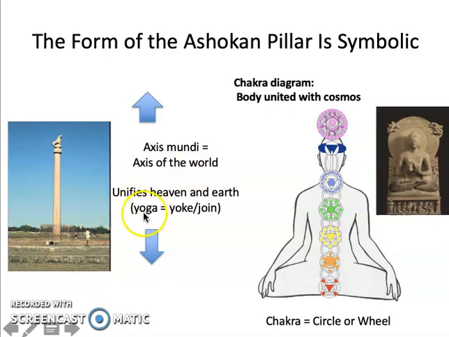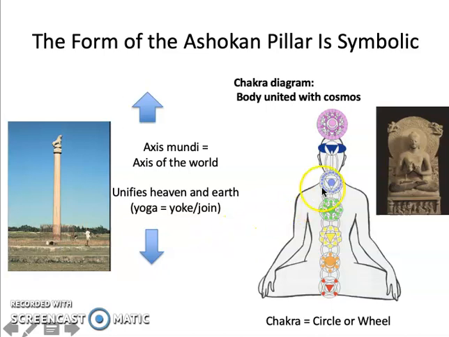So we can remember that the word yoga, a spiritual seeker, literally means to yoke or to join, to bring these opposite realms of the sky, space, the open expanse of infinity in connection with the earth, the finite realm.